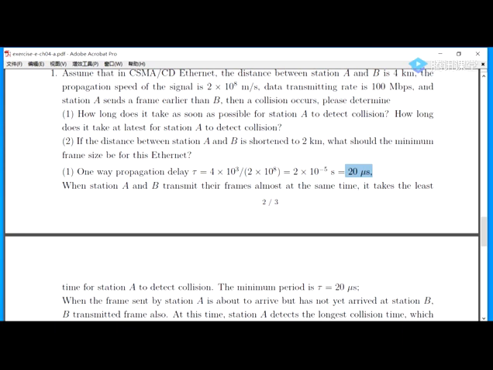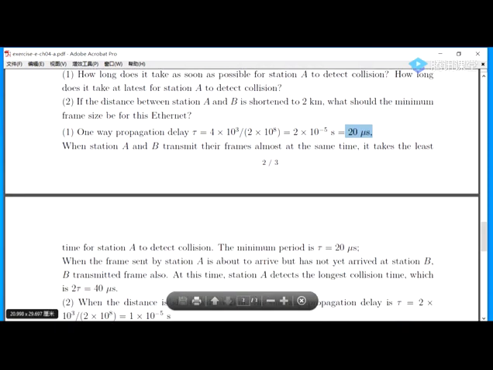When station A and B transmit their frames almost at the same time, it takes the least time for station A to detect the collision. The minimum period is tau, equal to 20 microseconds.